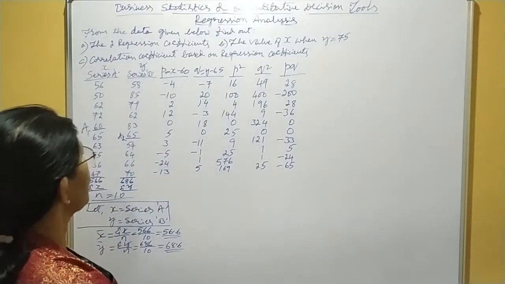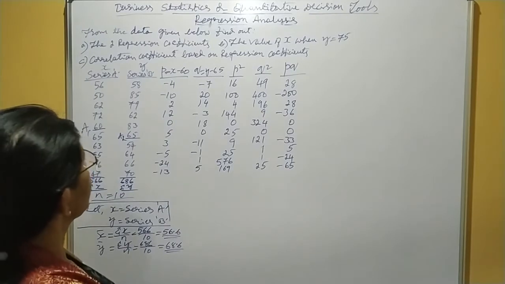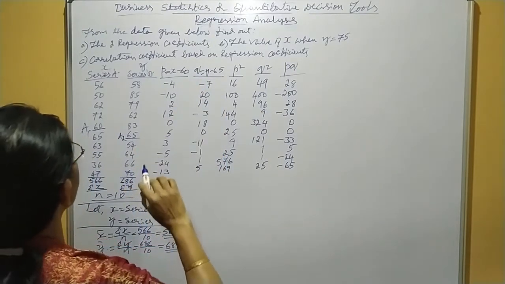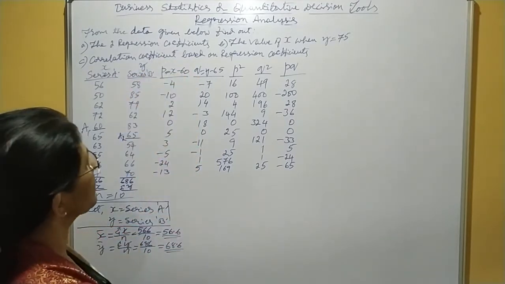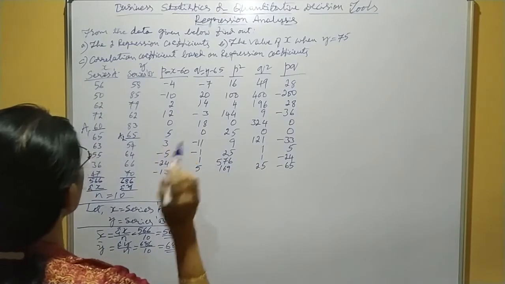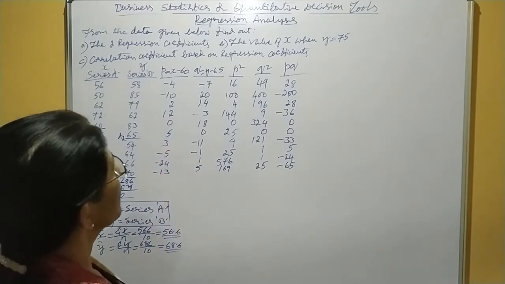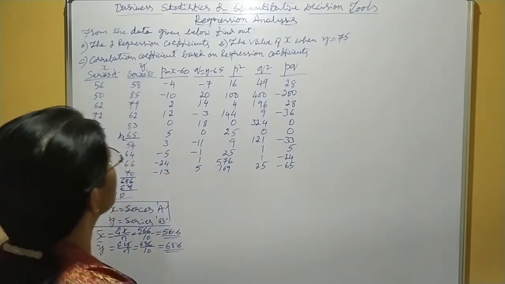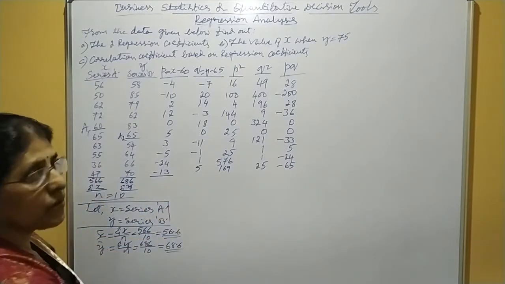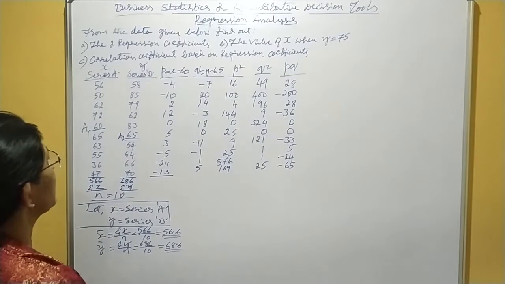Okay. Now, take the total. Here we have to find out the two regression coefficients, then the value of x when y equals 75, then correlation coefficient based on regression coefficient, isn't it? Now take the total of all the columns.